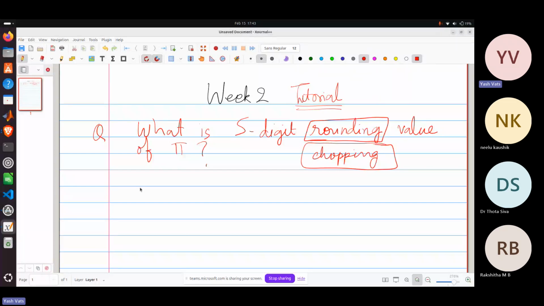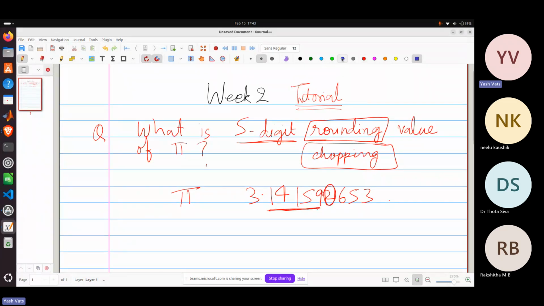The pi value is a big number. Pi can be written as 3.141592653, whatever. And you have to do the rounding till 5 digits: 1, 2, 3, 4, 5. Rounding means you go till this fifth digit and then look at the next number, 2.